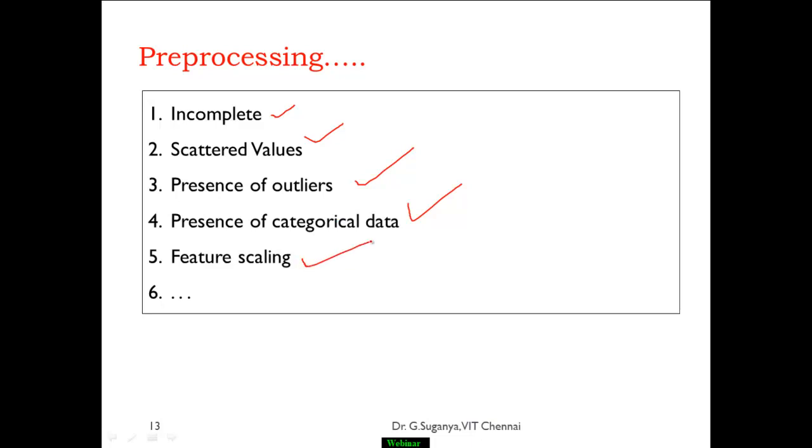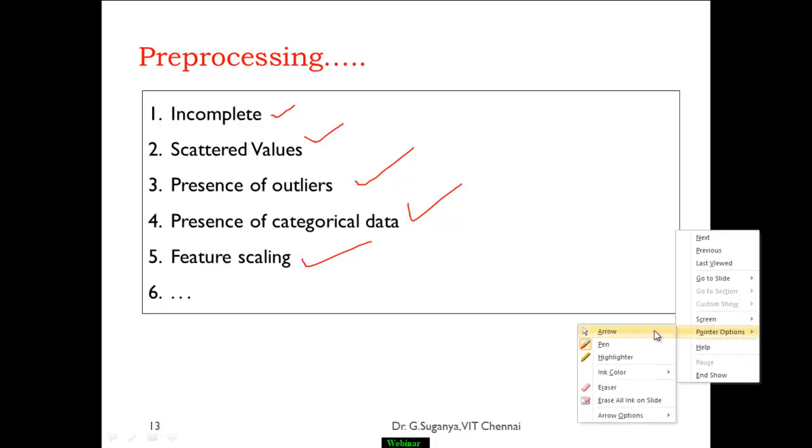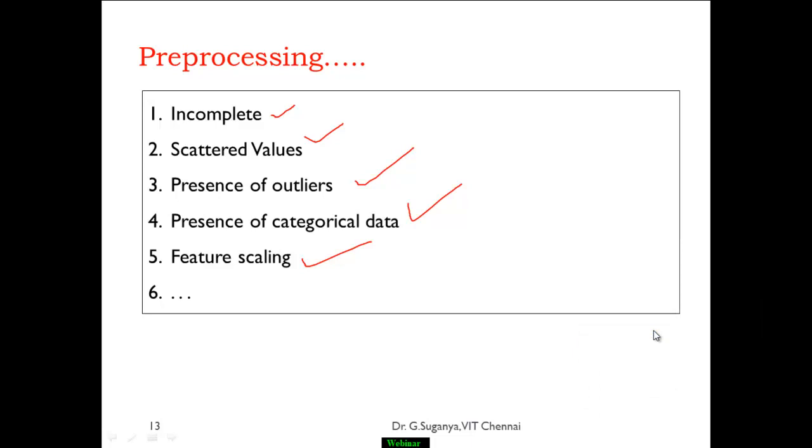Then we have feature scaling. This is not what we are going to cover today. Actually, it is like the number of features that you are going to consider for further processing. If I have 10 features listed, it's not that all 10 need to be used. One or the other can be left out.